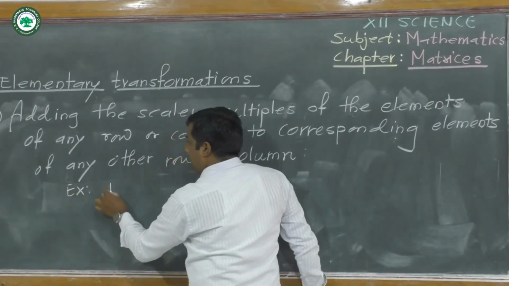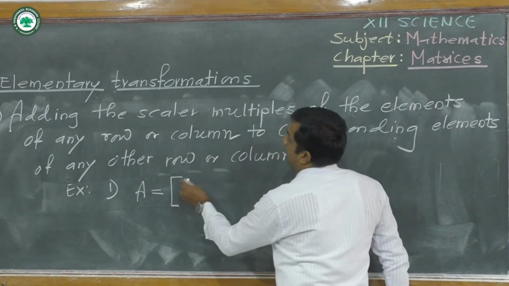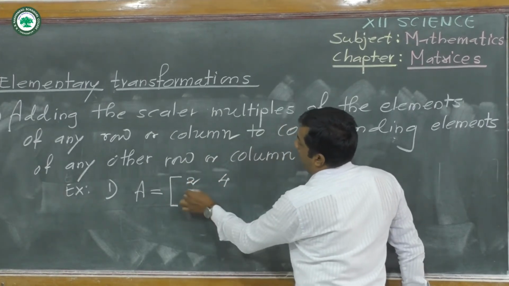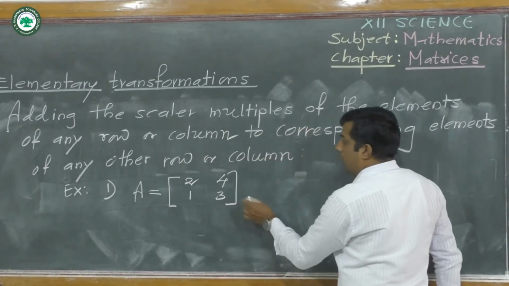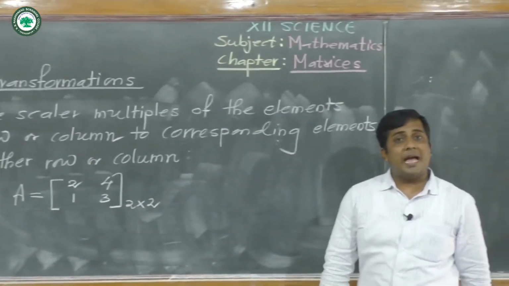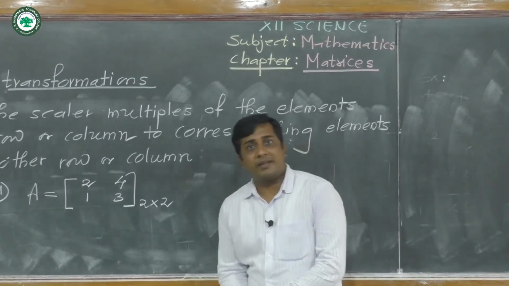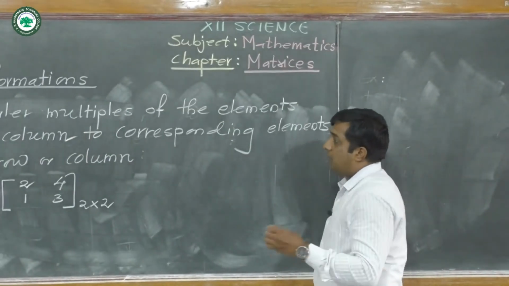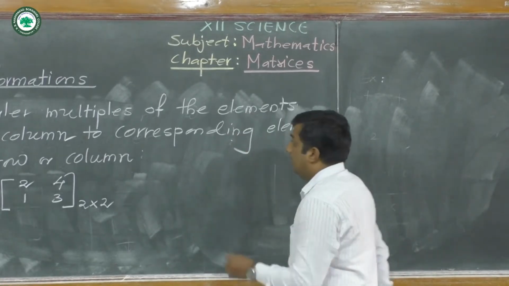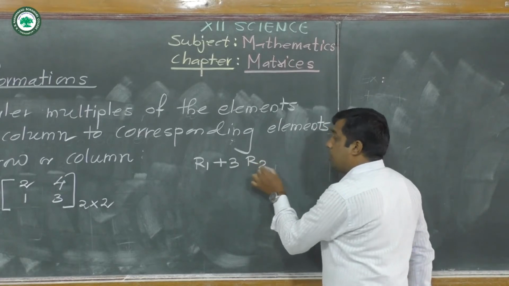Example: the first one is the matrix having 2, 4, 1, 3. We know this matrix has order 2 by 2, that is, 2 rows and 2 columns. Okay, let us consider the transformation. Firstly go with the rows. Here R1 plus 3R2.